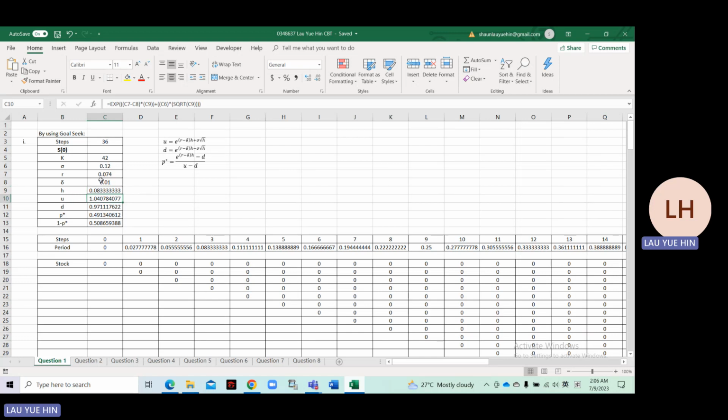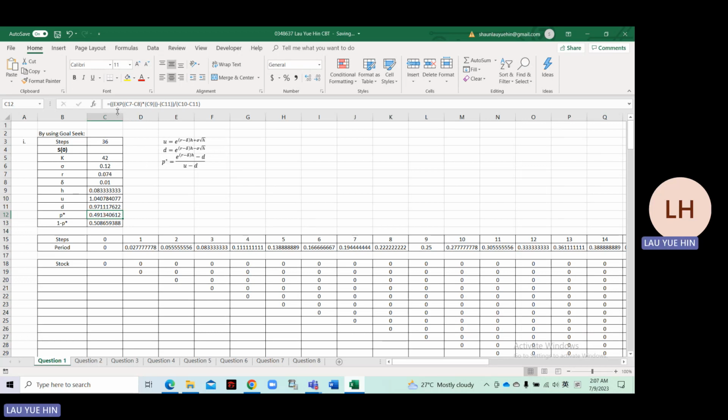And to find U, it is exp of (R minus delta) times h plus sigma times square root of h. And to find D, it is exp of (R minus delta) times h minus sigma times square root of h.